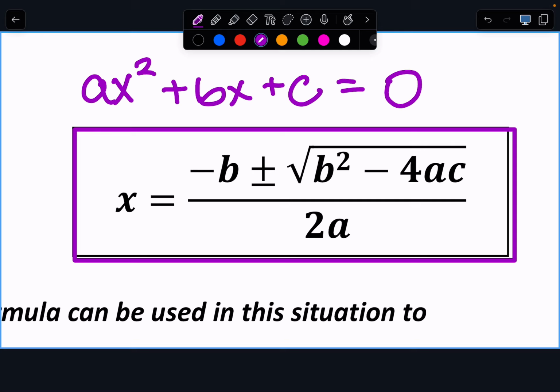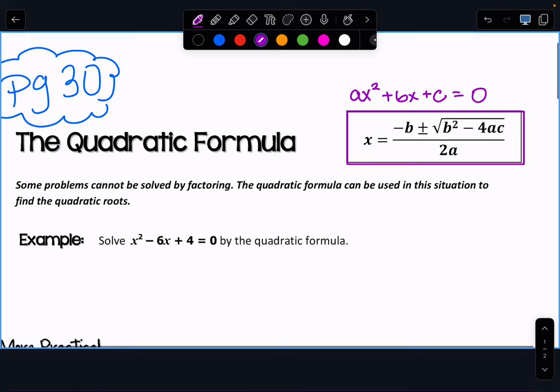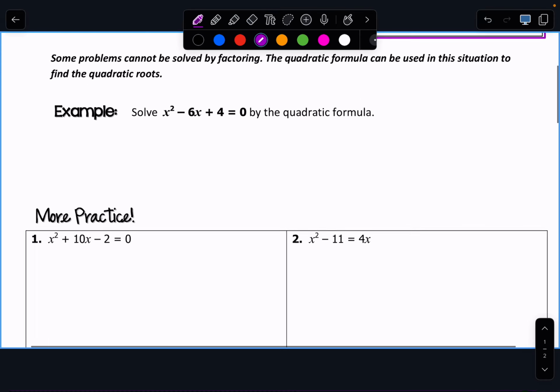If you would like to help remember the quadratic formula, you can think of the song Pop Goes the Weasel. X equals negative b plus or minus square root of b squared minus 4ac all over 2a. Wait, can you do that again? Nope. That's too bad.